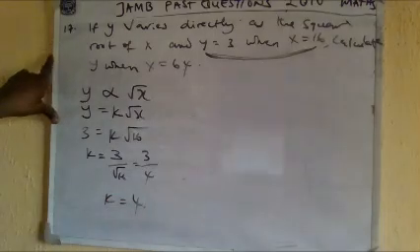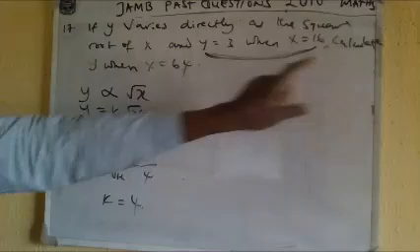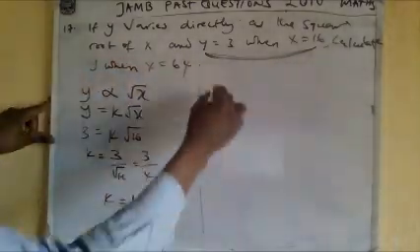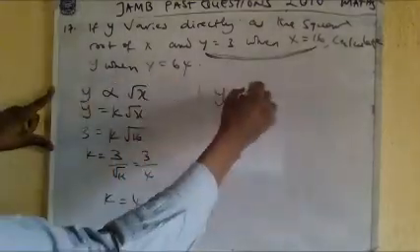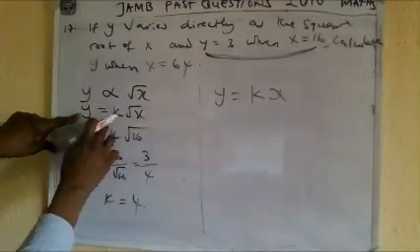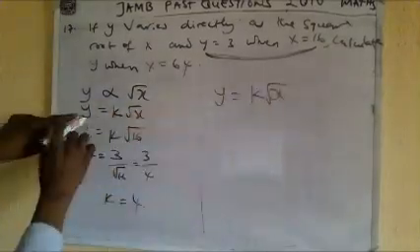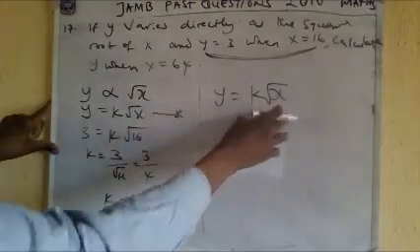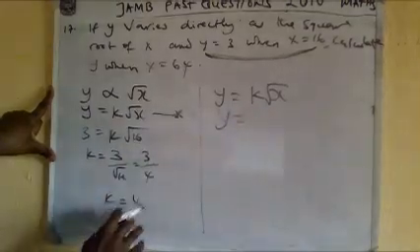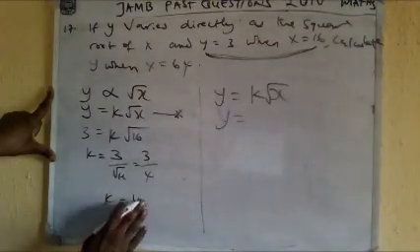Now we should calculate y when x is 64. So when y is unknown and x is given, I'm writing this equation again: y is equal to k root x, and k is already known as 3 over 4.